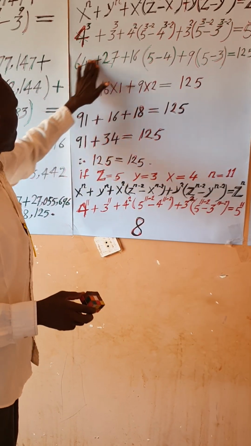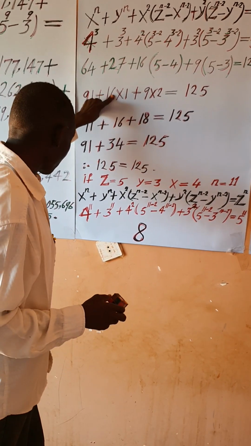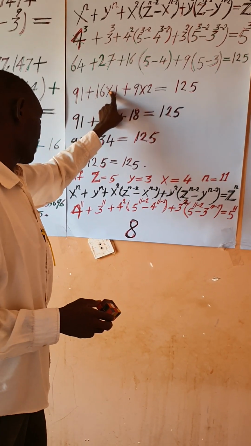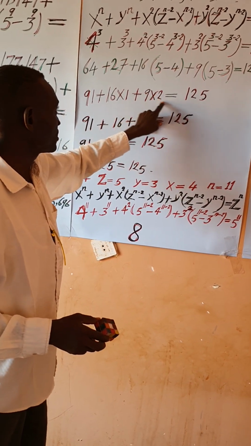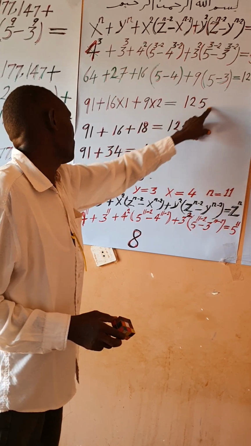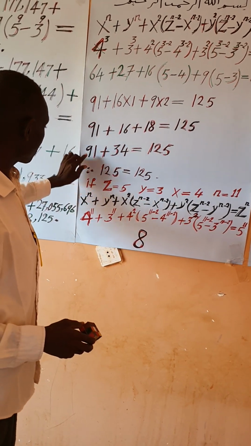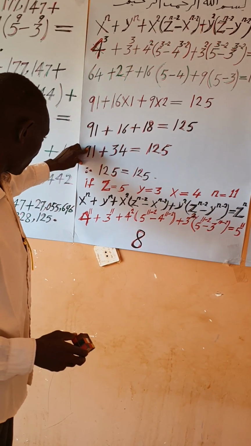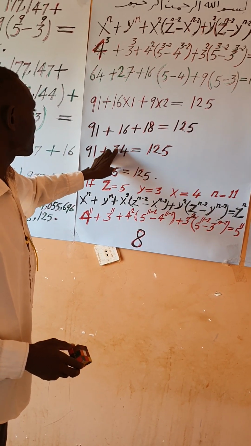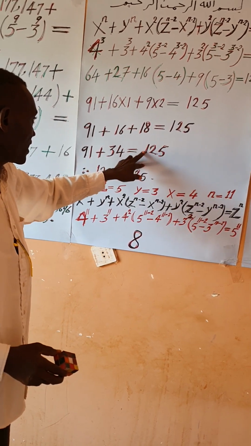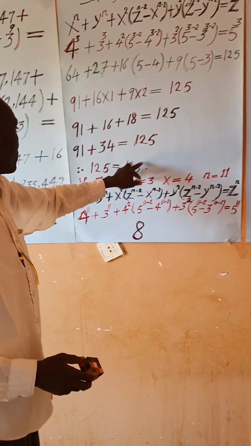If we collect this, we get 91 plus 16 times 1 plus 9 times 2 equals 125. This becomes 91 plus 32 equals 125. 125 equals 125.